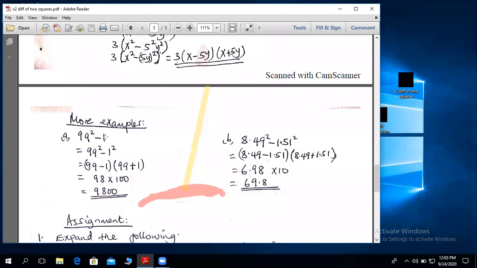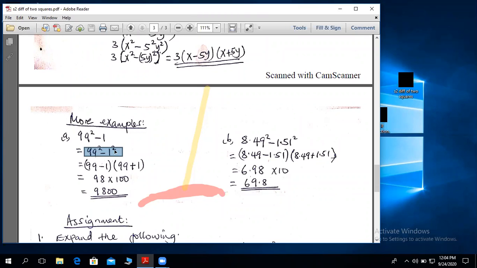So 1 times 1 is also 1 squared, which is 1. So that means I can say this is 99 squared minus 1 squared, and this becomes a difference of two squares.